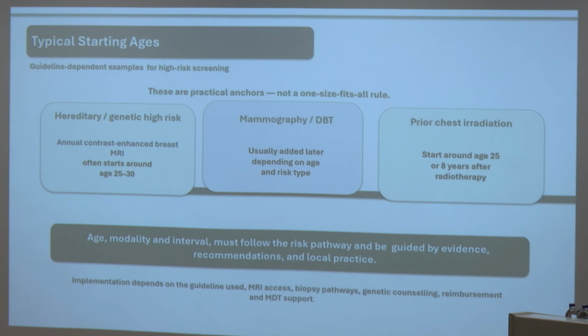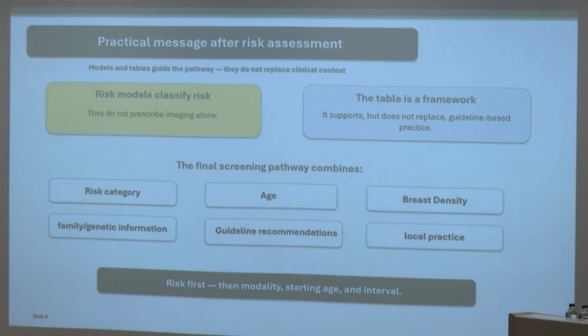So age, modality, and interval must follow the risk pathway and be guided by evidence, recommendations, and local practice. The implementation depends on the guideline used, MRI access, biopsy pathways, genetic counseling, risk assessment, and MDT support. I will just repeat this in the conclusion. The conclusion until now: models and tables guide the pathway and do not replace clinical context.